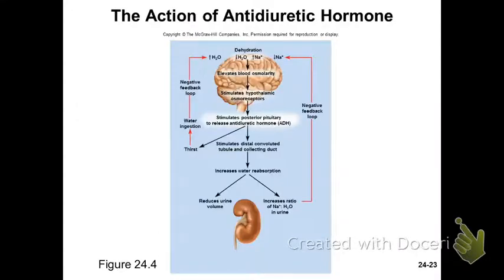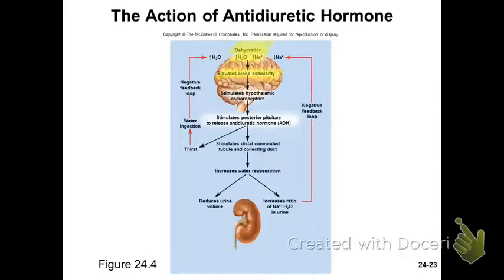So this is the same story, but looking a little bit more specifically at what ADH is doing in response to dehydration. So again, you're dehydrated. Now when you're dehydrated, you're going to have less water and more sodium, higher blood osmolarity.